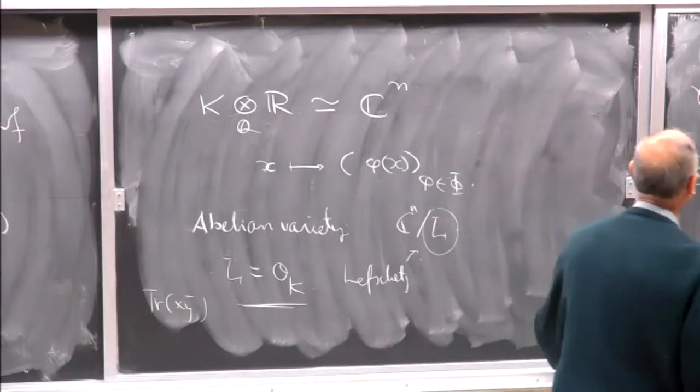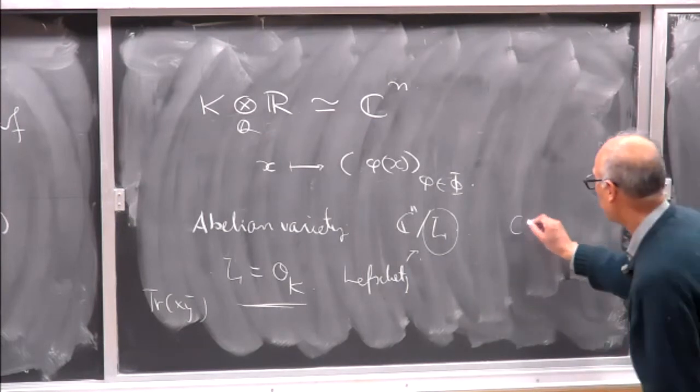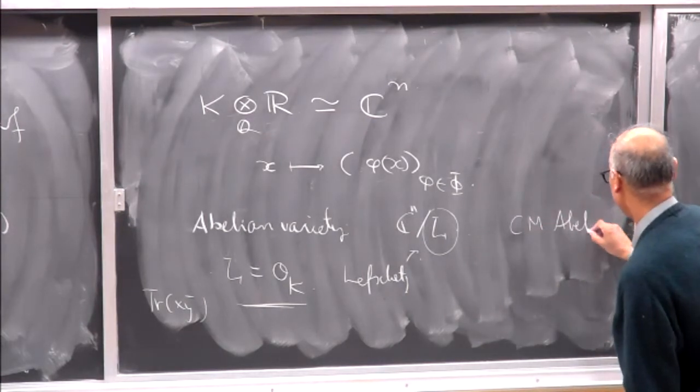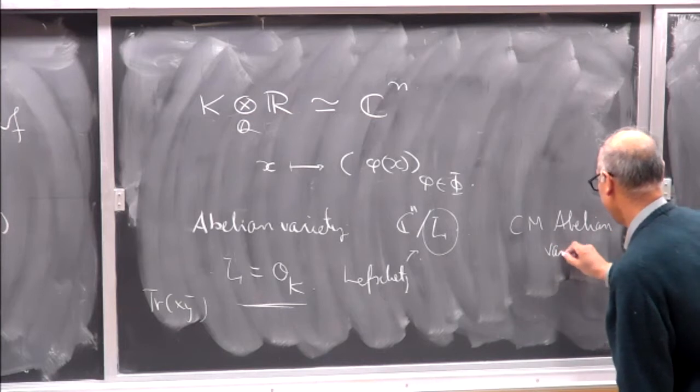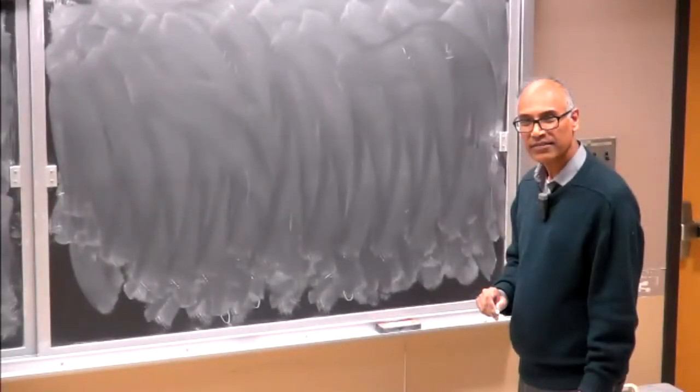Now, what kind of abelian variety? Well, it's a very beautiful abelian variety, because it's not just any old abelian variety. It's something which is called a CM abelian variety. And CM stands for complex multiplication.